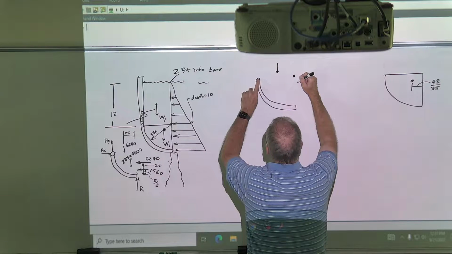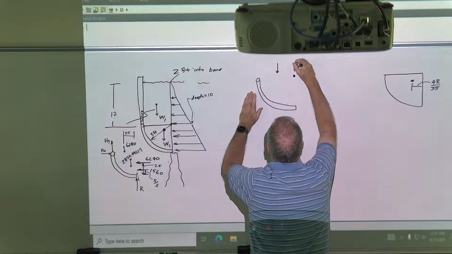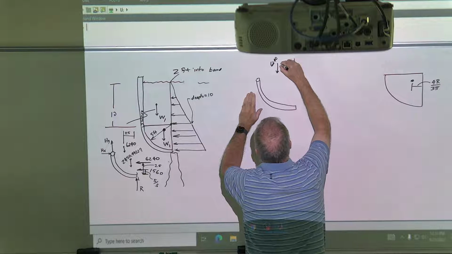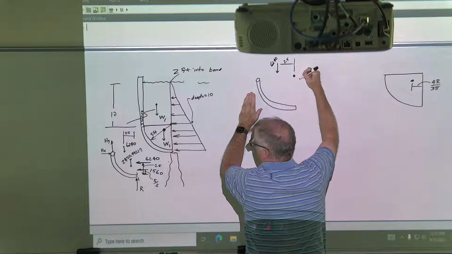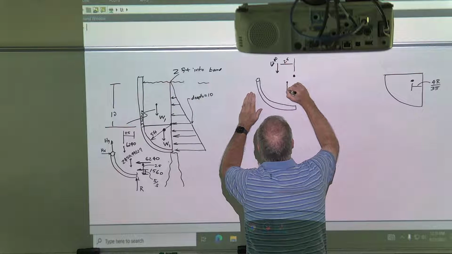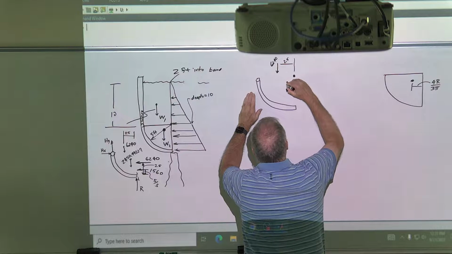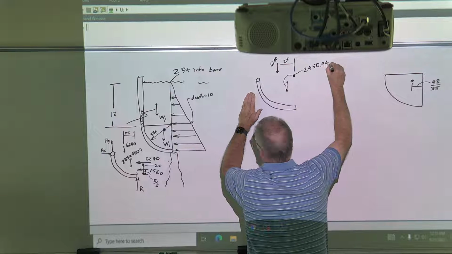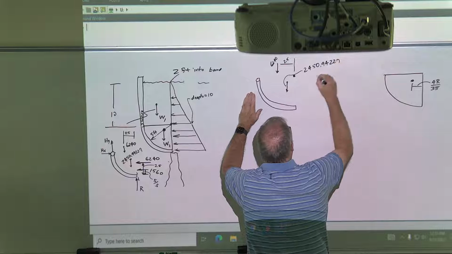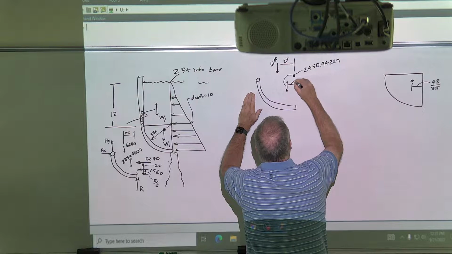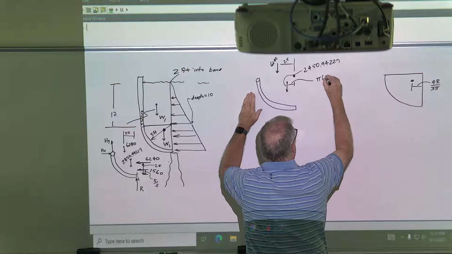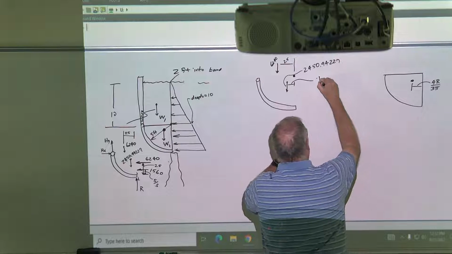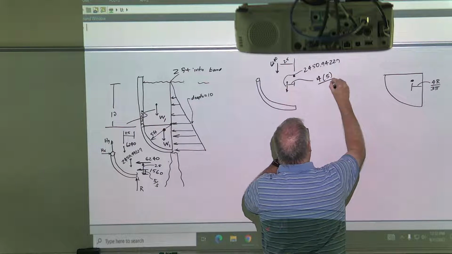I've got 6240, that's 2.5. And then I got this one right here, which was the strange one. This is the 2450.44227, and it is 4r over 3 pi.